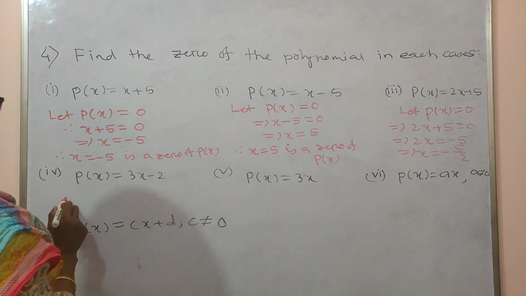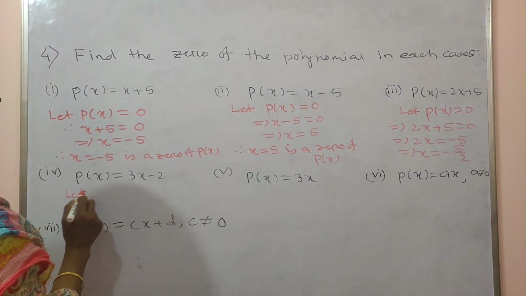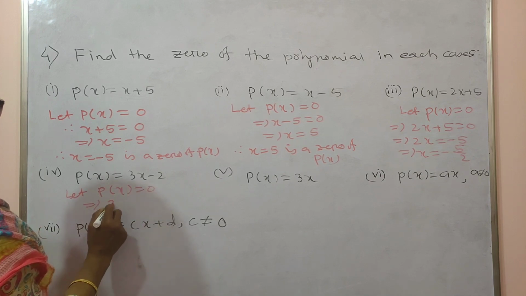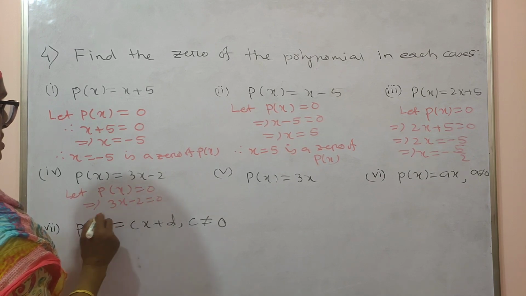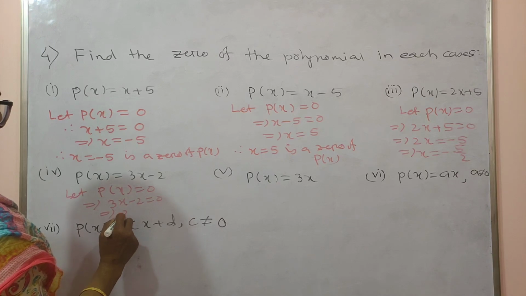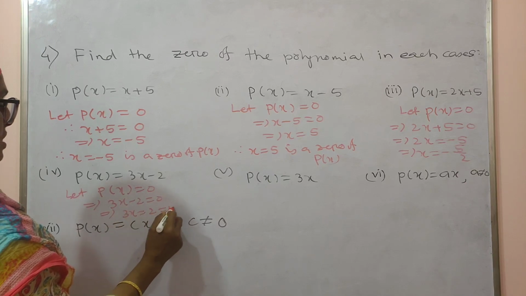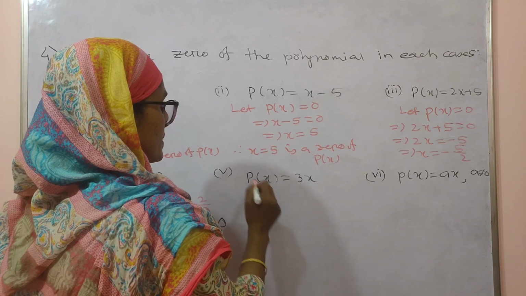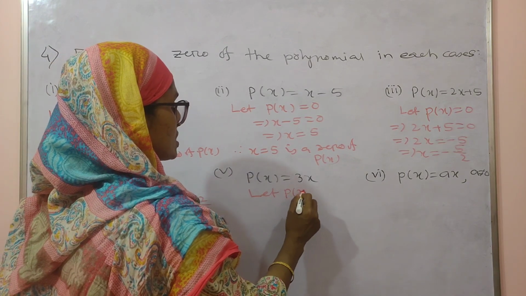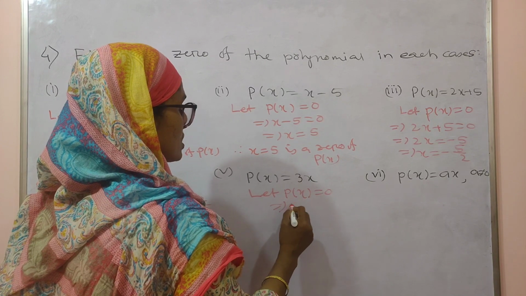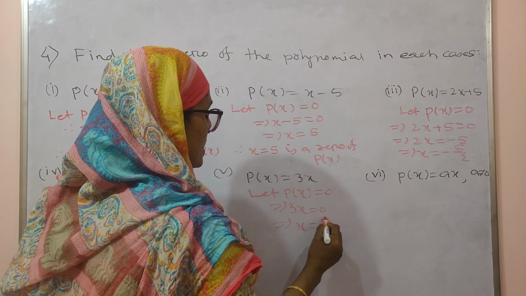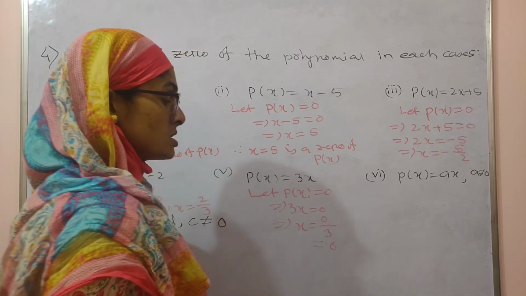Similarly, this one, let p of x equal to 0 or 3x minus 2 equal to 0 or 3x equal to 2 or x equal to 2 by 3. Number 5, let p of x equal to 0 or 3x equal to 0, or you can write x equal to 0 by 3 equal to 0.